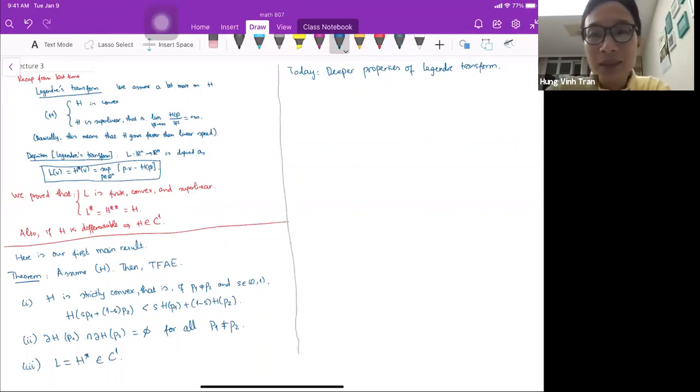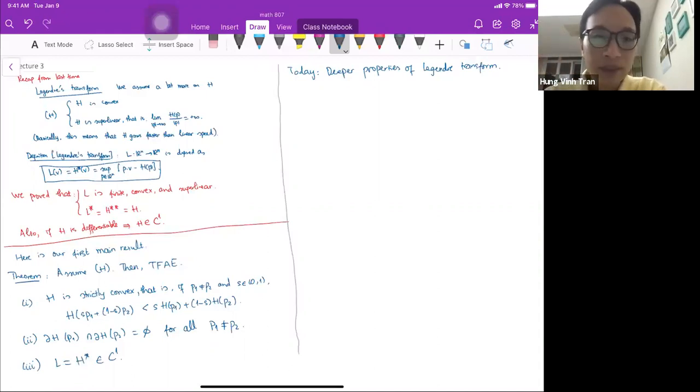Okay, I guess we can start slowly. Again, our goal is to go deeper and study further properties of the Lagrange transform. At the end of the day, there are certain properties that we can just enjoy and remember because they are really beautiful.